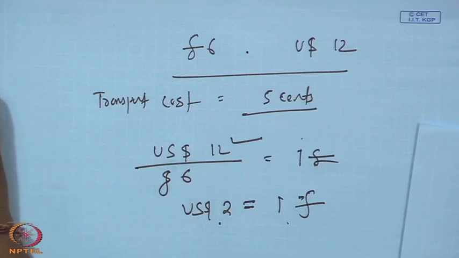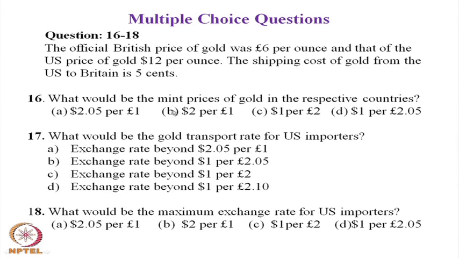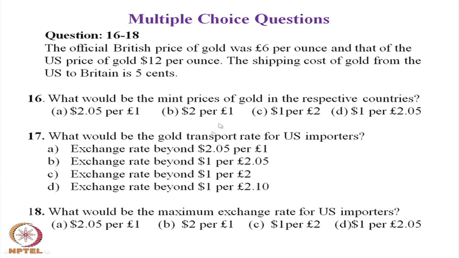That is the mean price of gold. So, the answer is B, 2 US dollars is 1 pound sterling. This is the exchange of gold price between these two countries, which we discussed in the earlier session. So, question number 16 answer is B.